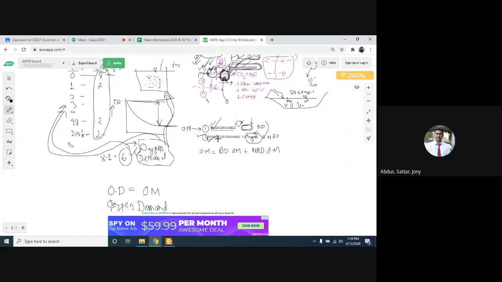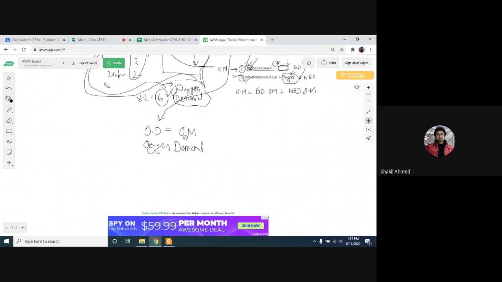It's biodegradable. Microorganisms can degrade it, so biodegradable. So from this reaction, if you calculate the oxygen demand, that will tell you the biodegradable organic matter. Is it clear? Therefore, we call it biochemical oxygen demand, BOD.